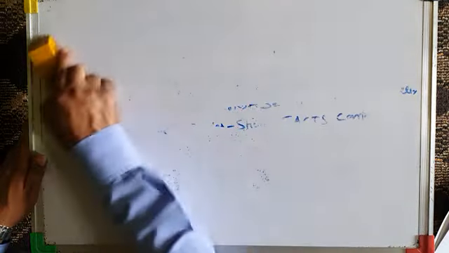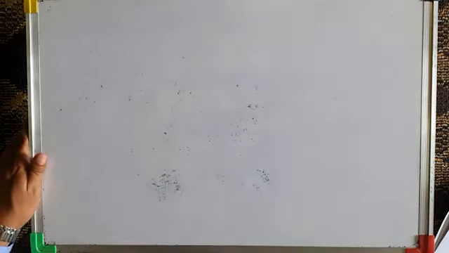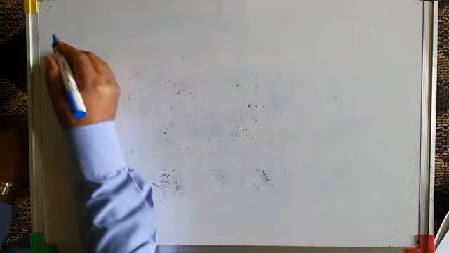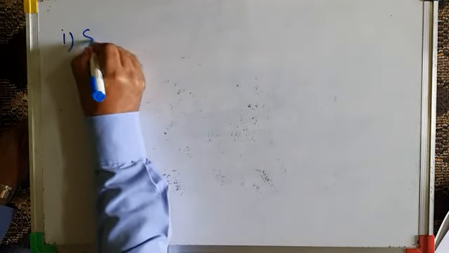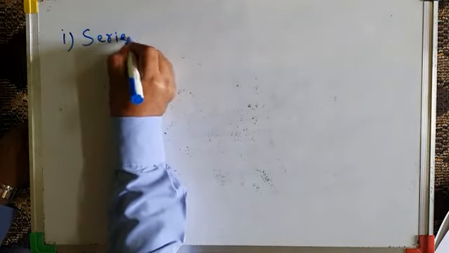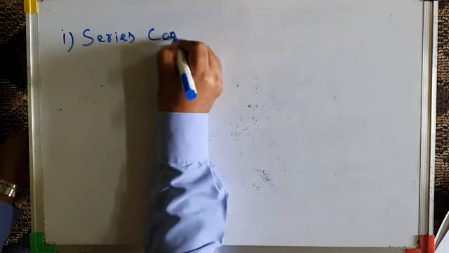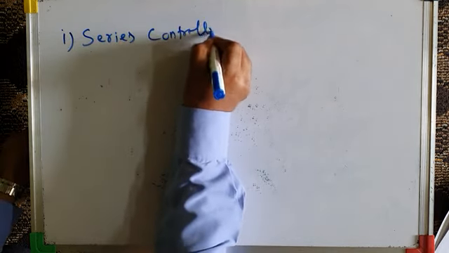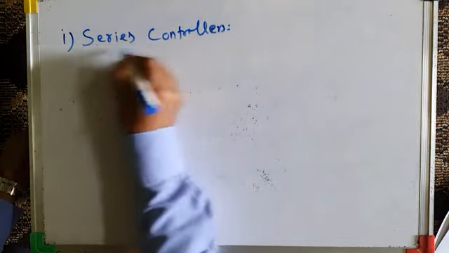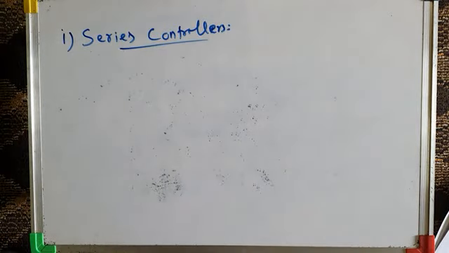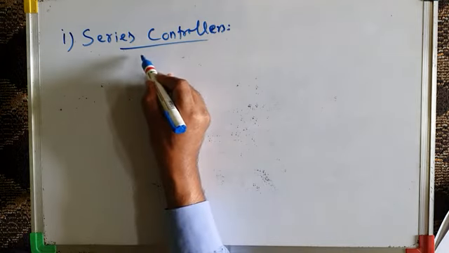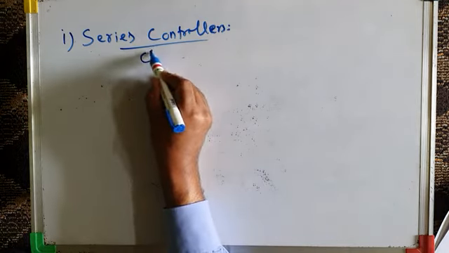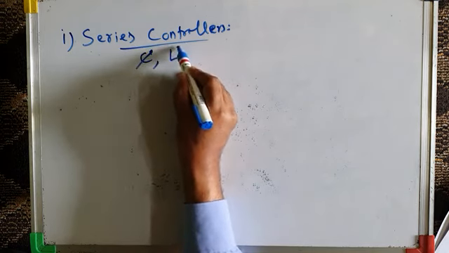Let us discuss them one by one in brief. First of all, I am going to discuss with you series FACTS controllers, or what we call series controllers. Well, a series controller actually behaves as a variable series impedance, such as variable capacitance or variable inductance.